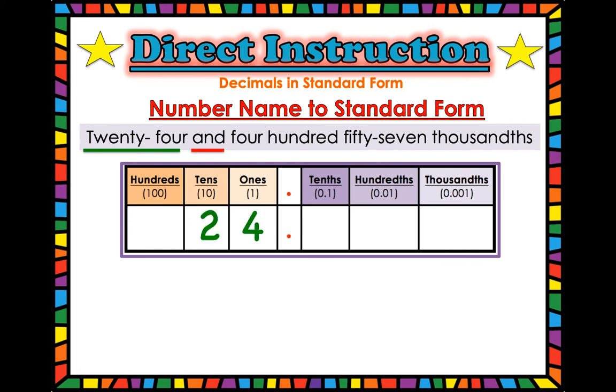The "and" is a decimal, okay? 457 thousandths. So the 4 is going to be in the tenths place. The 5 is going to be in the hundredths place, and the 7 is going to be in the thousandths place. Boom. Easy peasy. Okay.